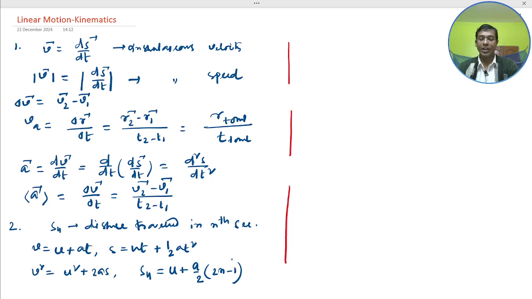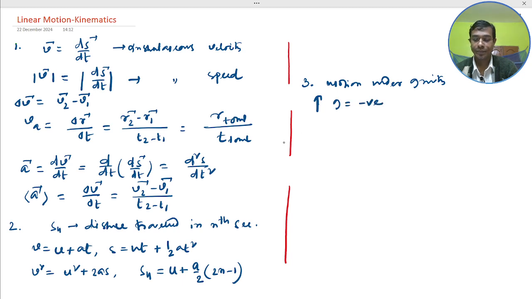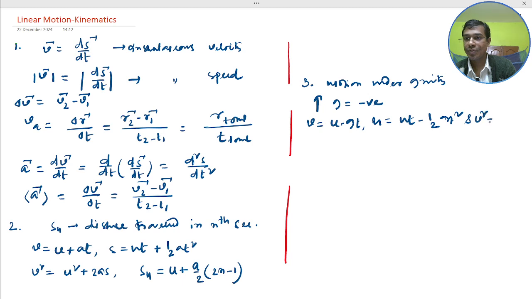Now, motion under gravity, the third point. Basically, if the particle is going up, g would be negative. So here v would be u minus gt, h would be ut minus half gt square, and v square equal to u square minus 2gh.